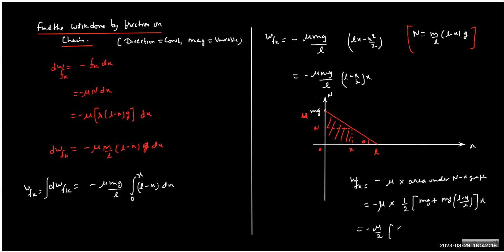And if we take mg common, what we get is 1 plus (L minus x) by L. The answer is simple.